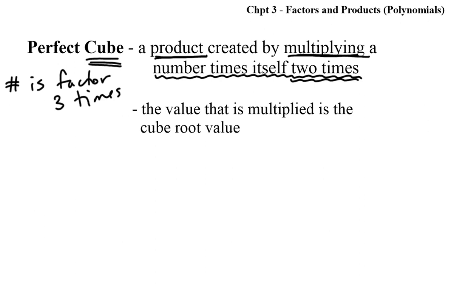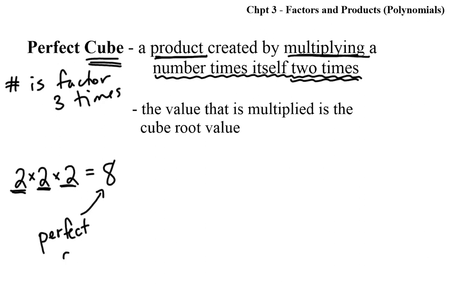So if I took 2 times 2 times 2, well, there's a number times itself twice. It's a factor 3 times, and that equals 8. So 8 is considered not a perfect square, but a perfect cube.